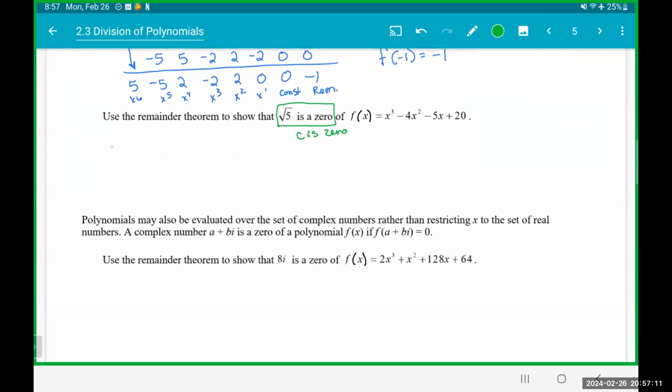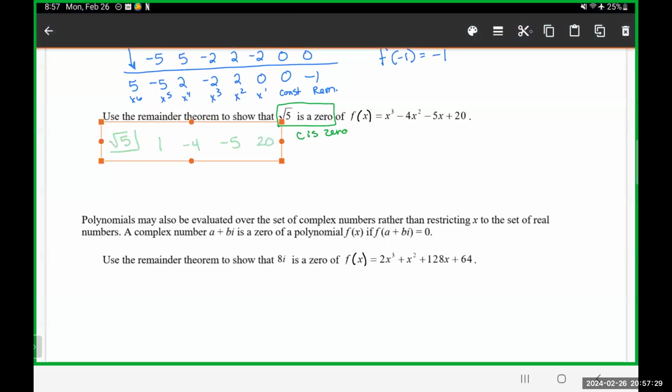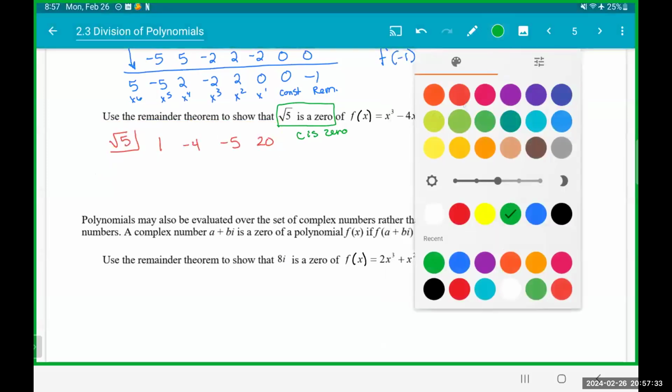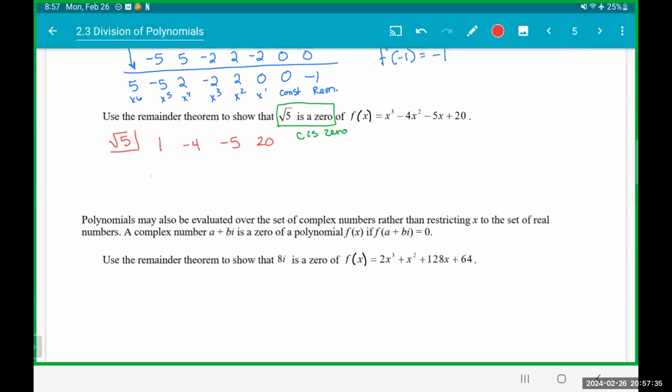So in this case, we would put the square root of 5 in the box, and we would have 1, -4, -5, and 20. Bring this down. That's a 1.